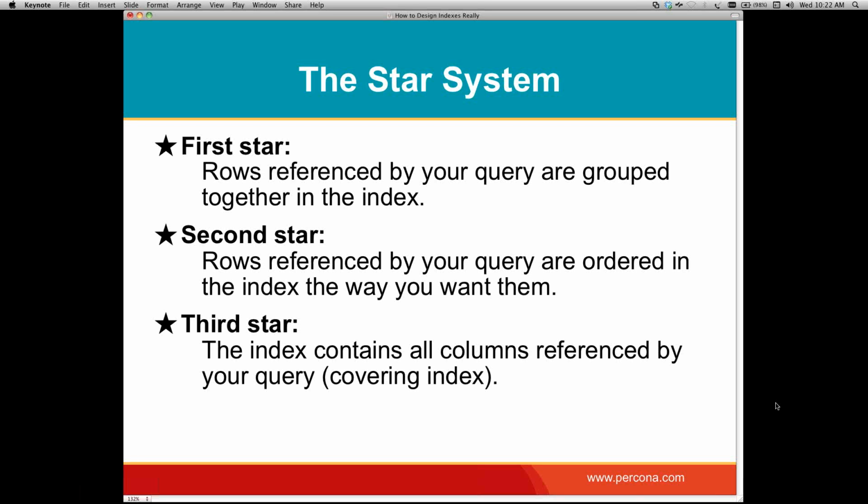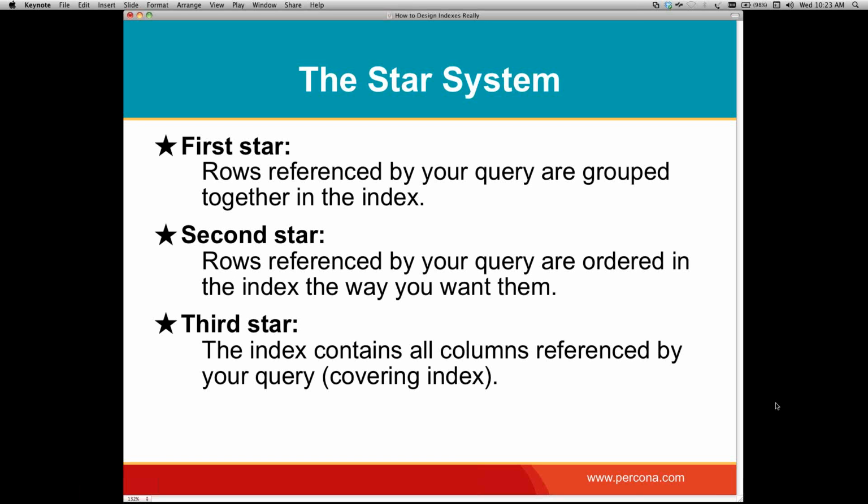The first star is earned by an index if the index helps to group the rows referenced by the query and minimizes the slice of the index that you need to read through. That is, I want to see just the rows that are matching my query criteria. I don't want to have to scan through others. So it's best if the index is able to narrow down my search most effectively.